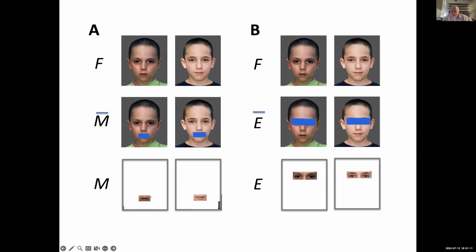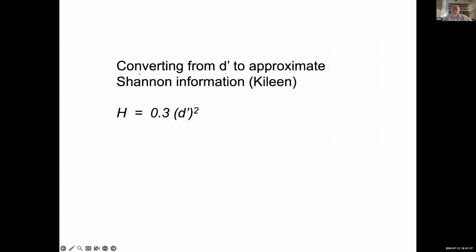Now, this little thing down here is a mouth, and this is a face missing that mouth, and this is the full face. So we're testing whether we're going to get additivity of information in going from mouth and not a mouth to full face.